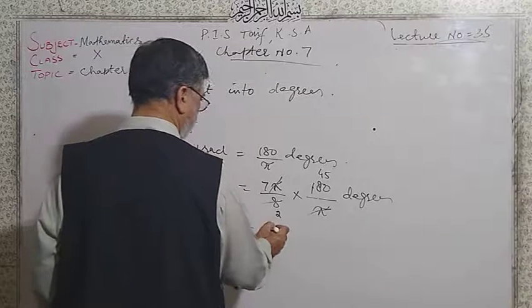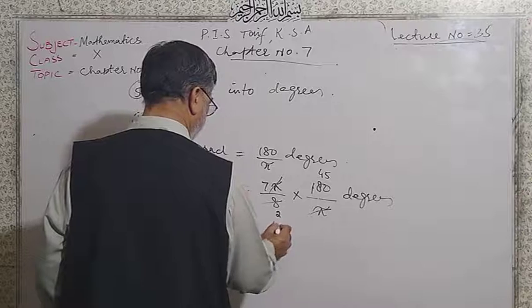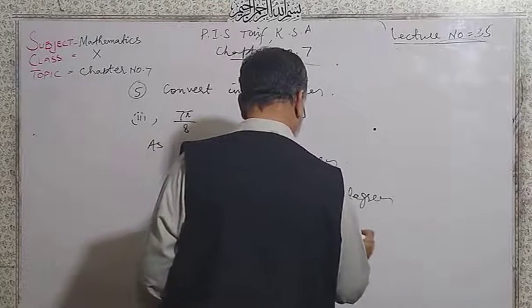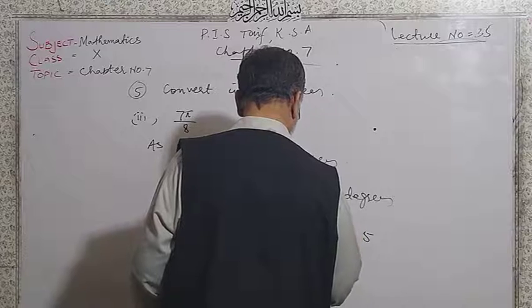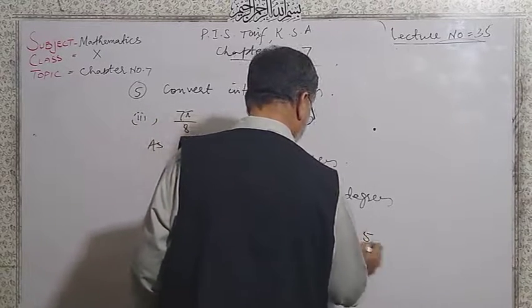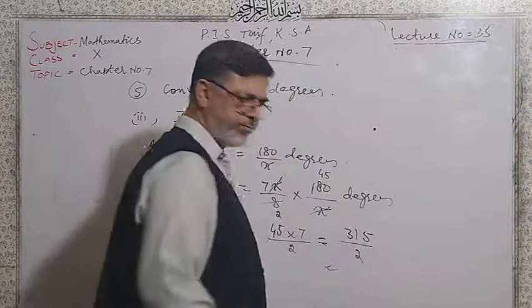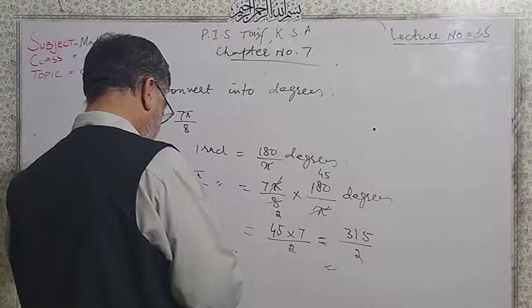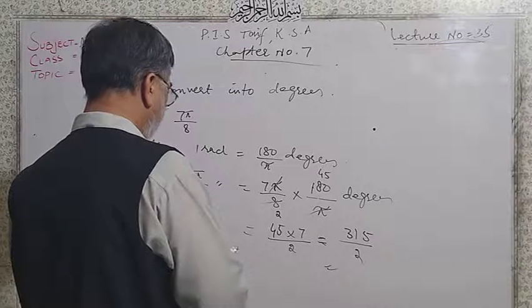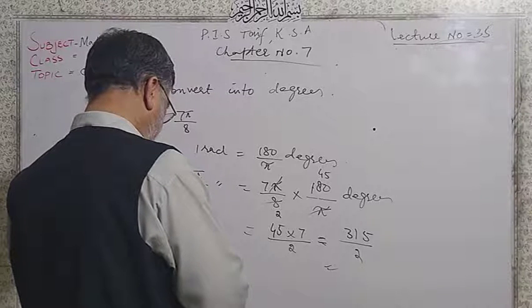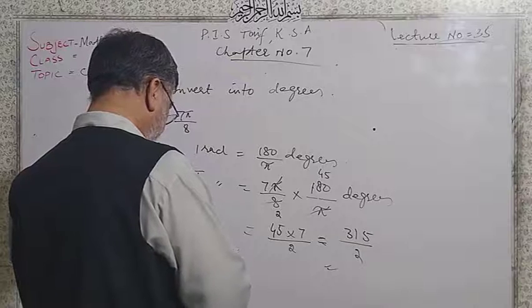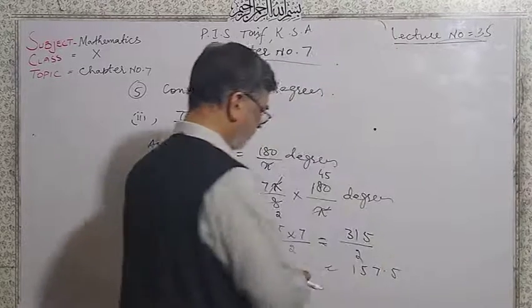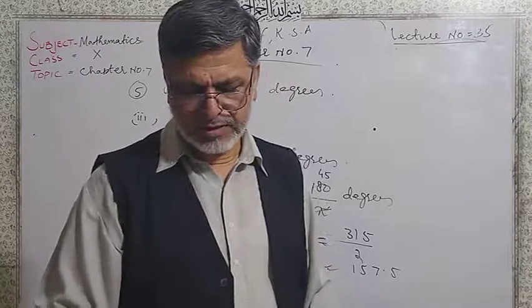Then it will be 7 into 45 over 2. 7 into 45 by 2 is... 7 fives are 35. 45 multiplied by 7 is 315, divided by 2, that is 157.5. So that is your answer.